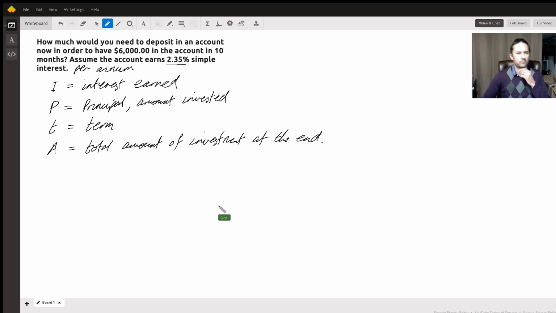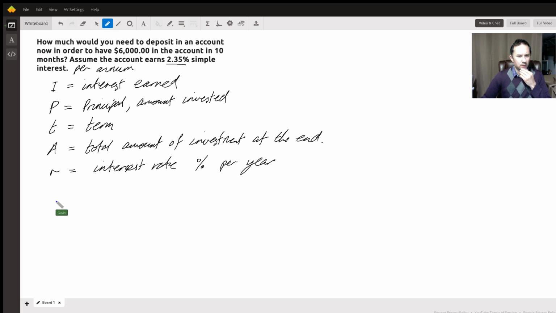And little r is the interest rate, as a percentage, and we would say percentage per year. For this question, I better also put the formulas up.